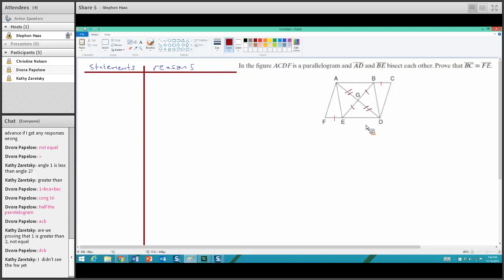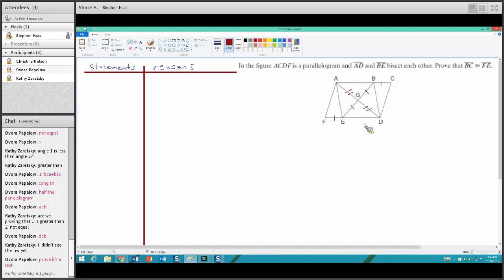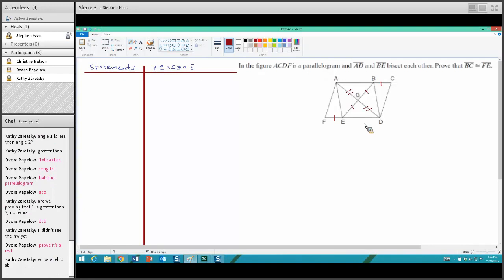Now, what I can tell you right off the bat is that we're probably going to need to prove it by corresponding parts or by subtraction. I can think of a simple way to do it by subtraction. There's probably also a way to do it by corresponding parts. Yeah, ED is parallel to AB. That's true, certainly.